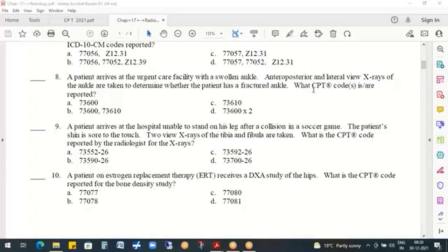Lateral means we have to take one view only, sir. Anterior, posterior, and lateral. Lateral means side.